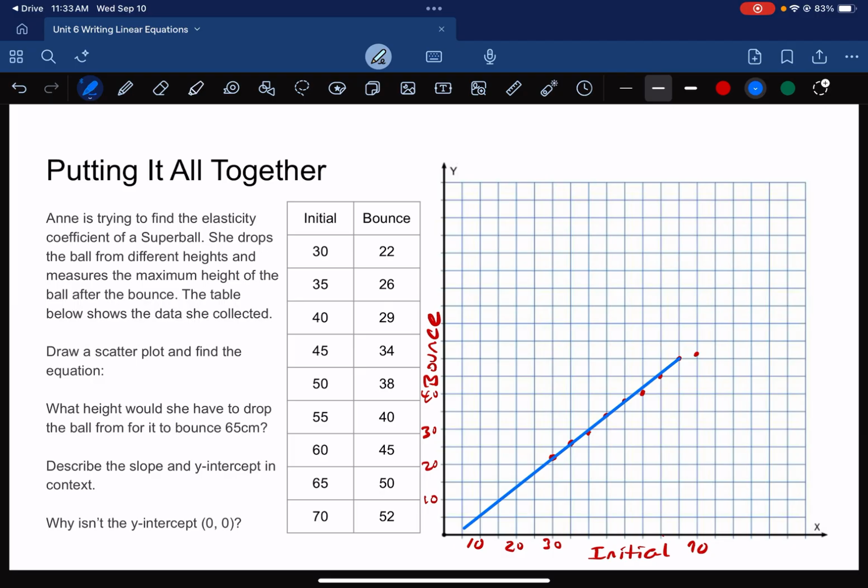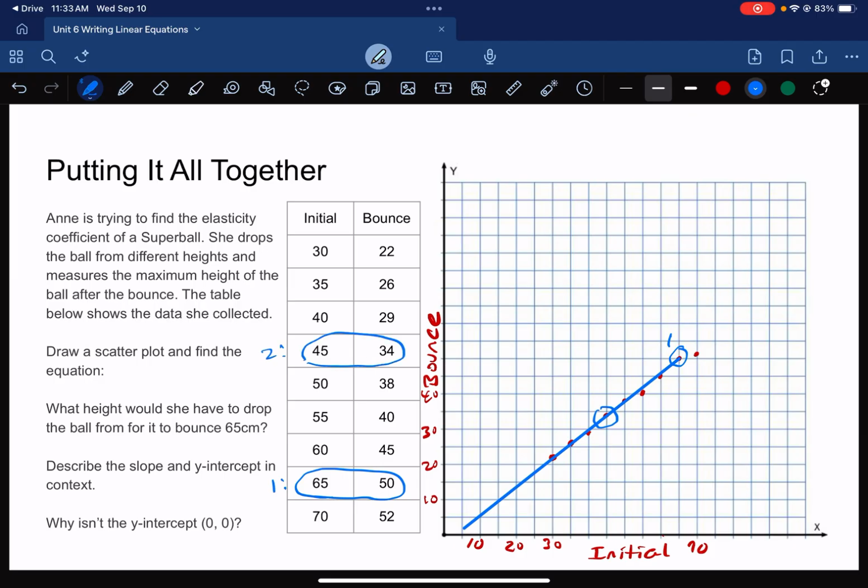So I'm going to need 2 points on the graph. I'm going to use 2 points that my line seems to go directly through. There's one, I believe that is 65 and 50. That's point 1. And maybe this one right here, there's point 2. That's our fourth data point right there.